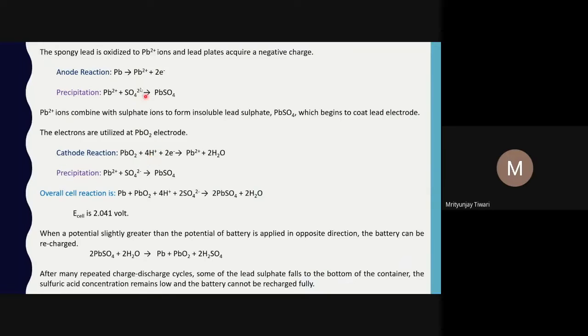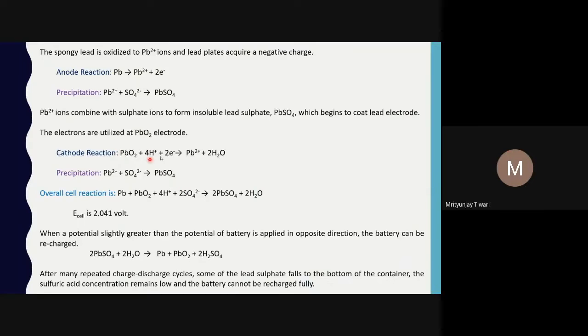So 4H plus will be given by 2 molecules of sulfuric acid. One sulfate ion we have already used here, so another sulfate ion will be free, and here again Pb2 plus is formed, and that Pb2 plus will combine with another sulfate ion to form PbSO4. So here again PbSO4 will be formed at the cathode because of the cathodic reaction.